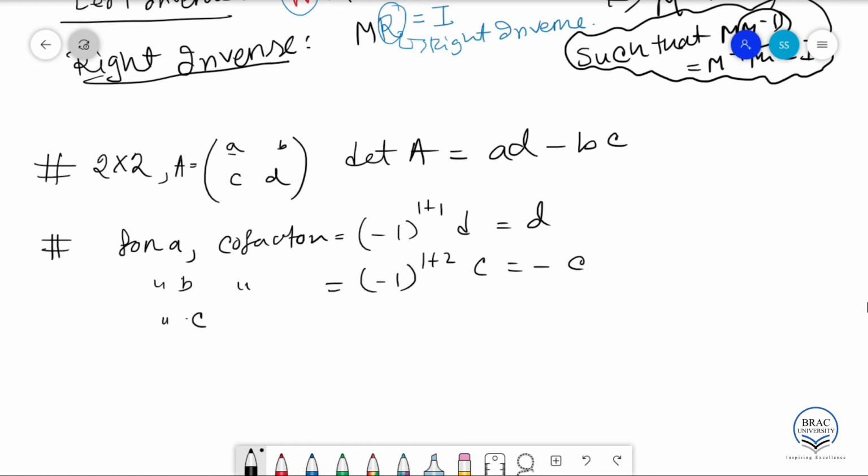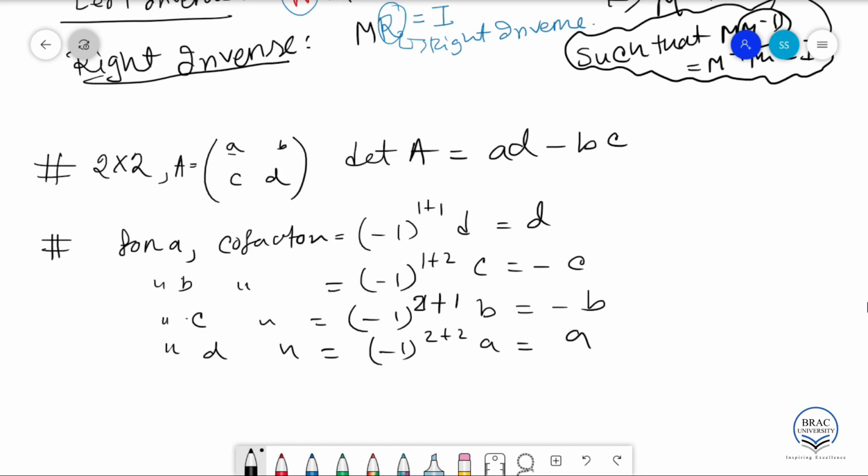For c, the cofactor is (-1)^(2+1) times b, so minus b. And for d, the cofactor is (-1)^(2+2) times a, which is just a. So we calculated all the cofactors, right? What do we do now? What is the next step?